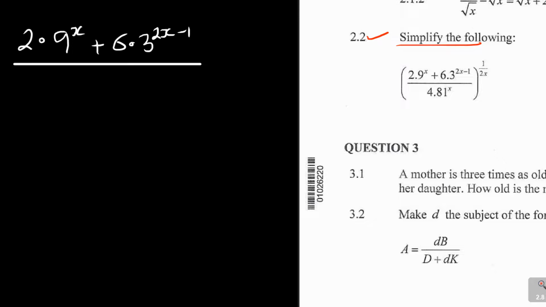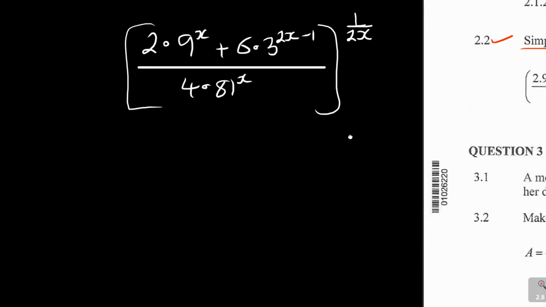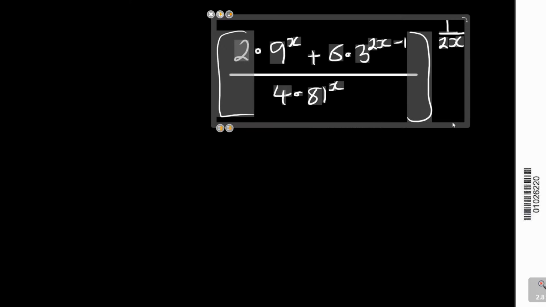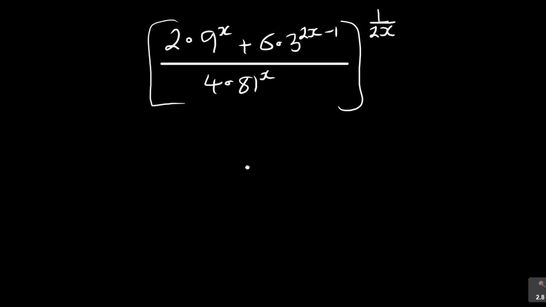Look, 2.9 exponent x plus 6 dot 3 exponent 2x minus 1, and then we've got all over 4.81 to the exponent x, and then this thing to the power 1 over 2x. Looks like a mouthful of something, but anyway, it's not complicated, trust me. It just needed you to know how to approach this.